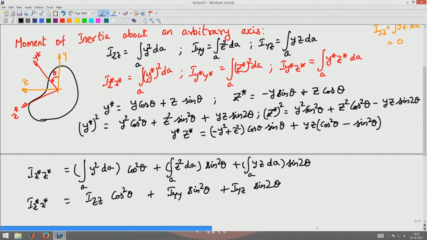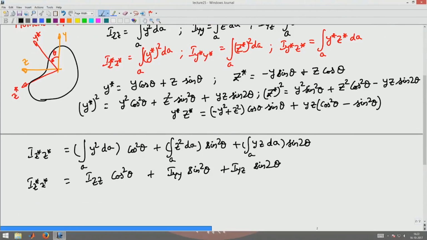Similarly, you can see that I y star, which is integral z star square dA, is the square of this expression. So, if I substitute in there, what I will get is I z sin square theta plus I y cos square theta minus I yz sin 2 theta.